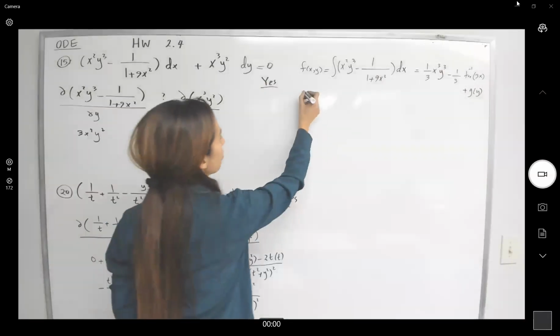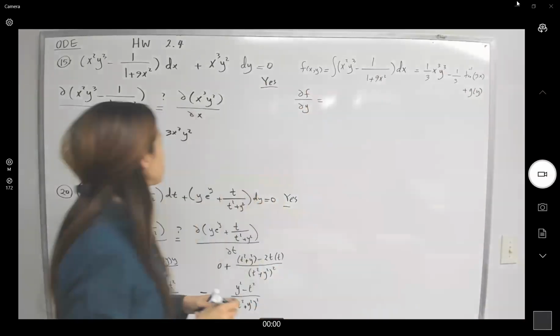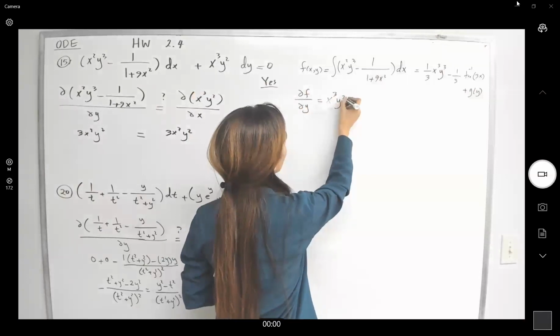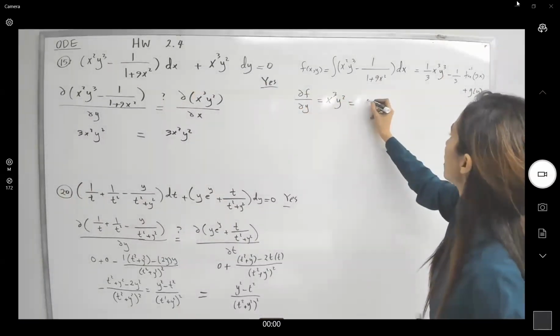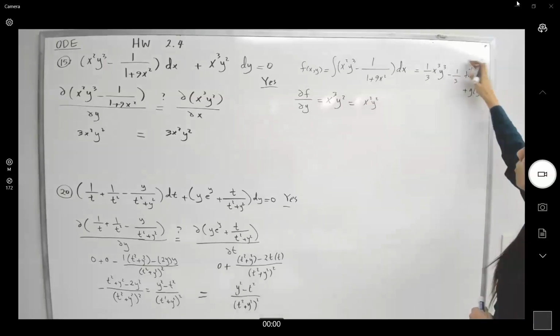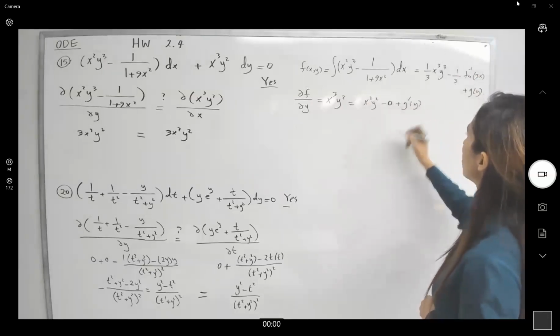Now, if you take the partial derivative of f with respect to y, it must equal your N, which is x cubed y squared. So with respect to y, we get x cubed y squared, and this term has no y in it, so it becomes 0, plus g prime of y.